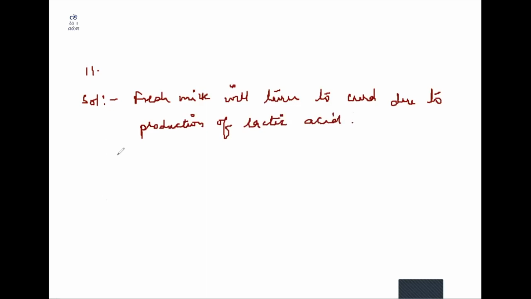So lactic acid will reduce the pH of milk.